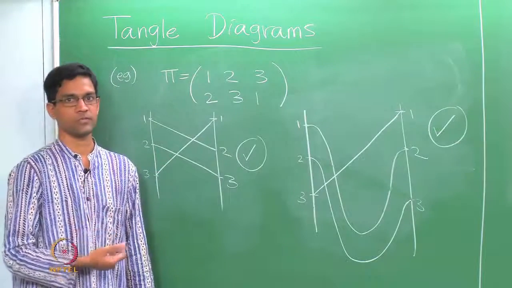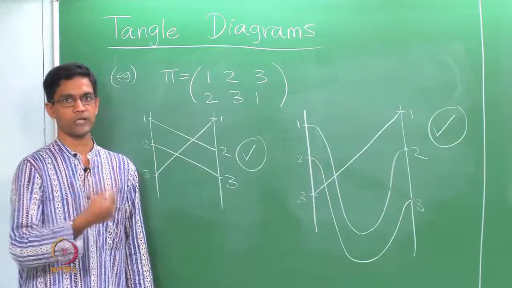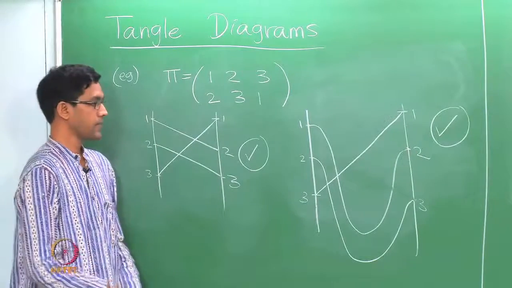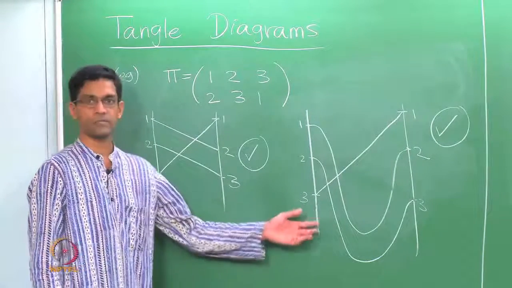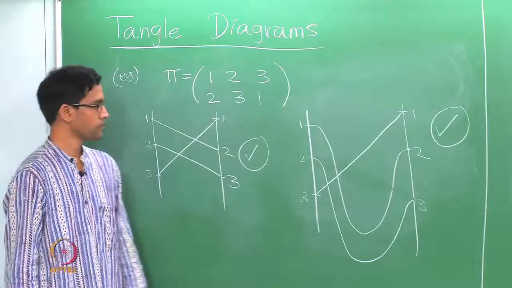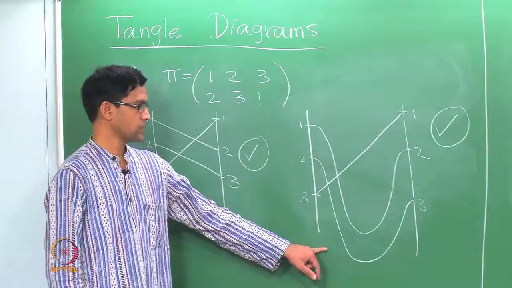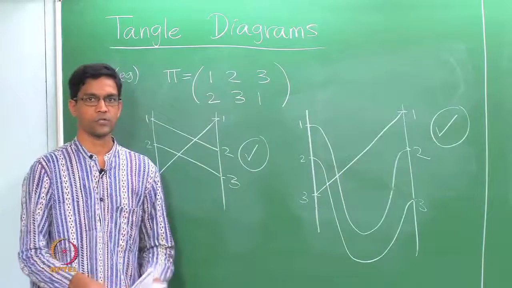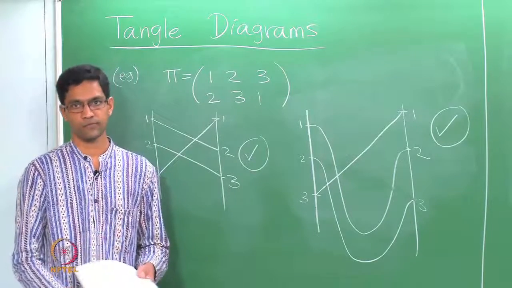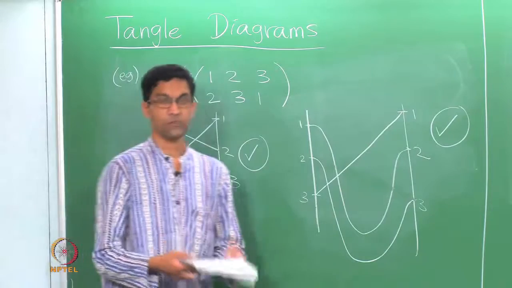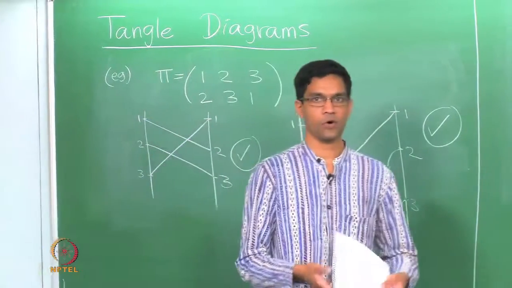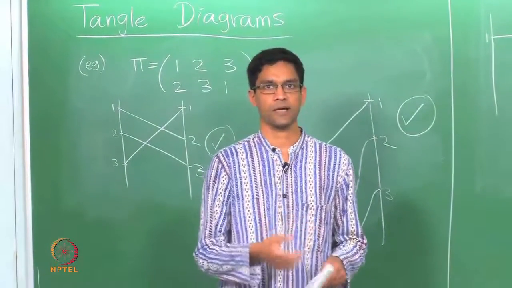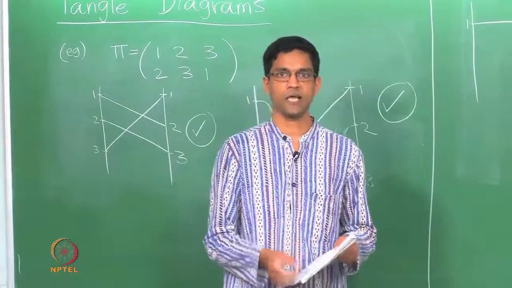There will be situations where you might want to see some proofs pictorially, and there it's useful to have more flexibility in drawing these tangle diagrams. So these are the various rules to keep in mind when you encounter tangle diagrams or when you want to draw tangle diagrams yourselves. Okay? So we'll try and use this a little bit more next time to understand the notion of sign and so on.